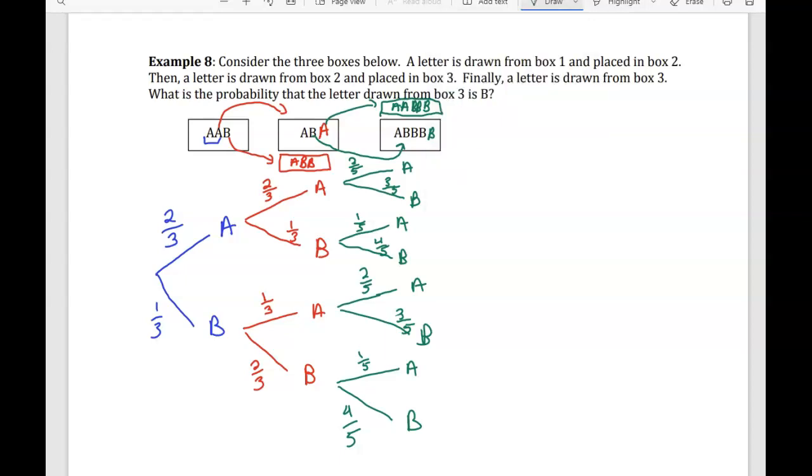So if we follow our branches, we want to know what is the probability that the letter drawn from box 3 is a B. So we want to know these 4 branches. So we have a 2/3 times 2/3 times 3/5.